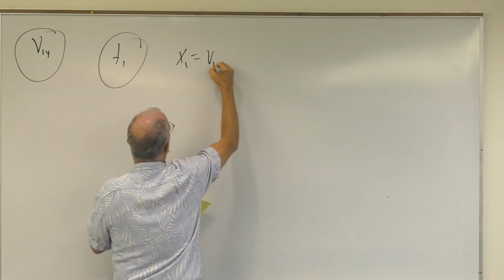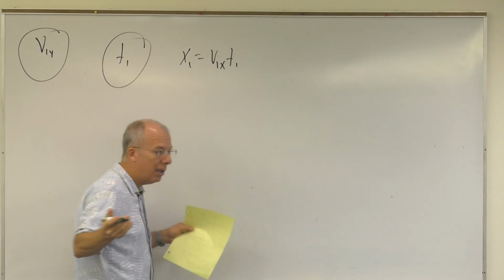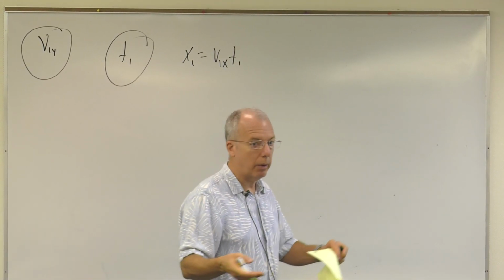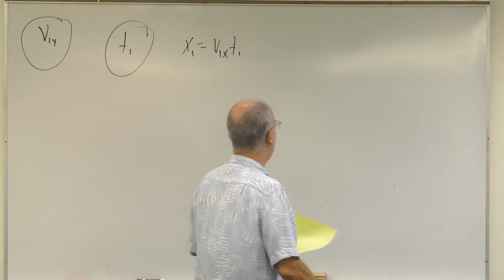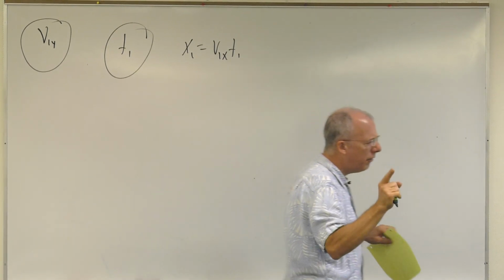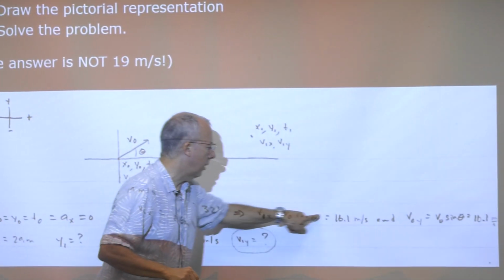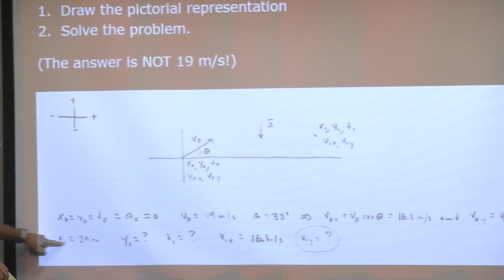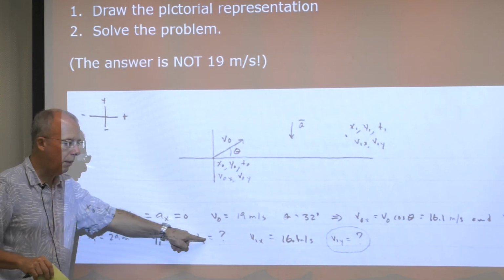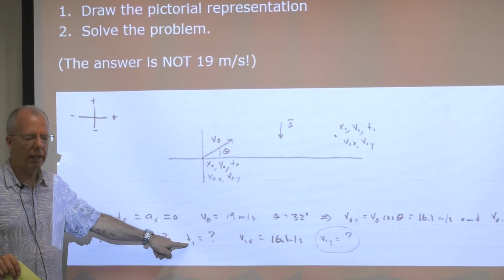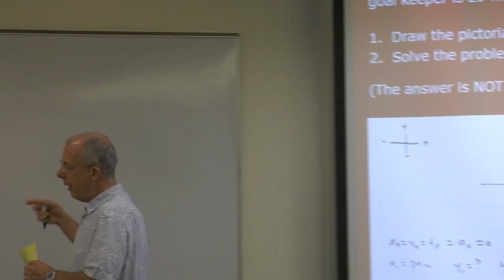x1 equals v1x times t1, right? Distance equals speed times time. There's no acceleration because it's horizontal motion. So that's something you really want to look for. If you have a horizontal velocity and a horizontal distance, you can figure out the time with hardly any work at all. So be aware of that.